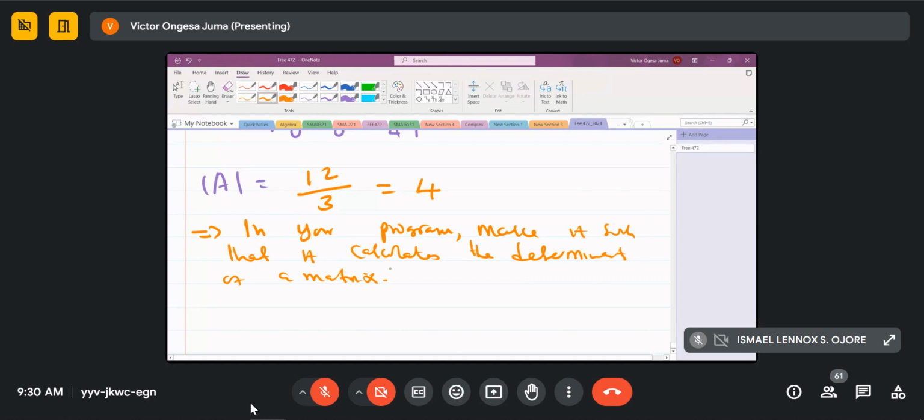So you are just building your own program. You remember you made the program: you have a matrix, the program reduces it into row echelon form. After reducing it, it solves the system. After solving, you can also get the determinant.